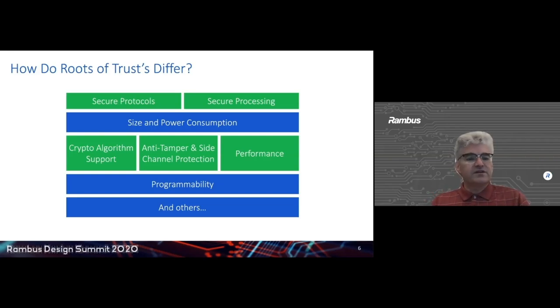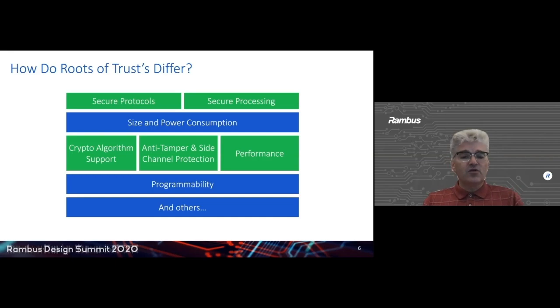Which geographies do you need to support? That means which crypto algorithms do you need to have supported? How do you want these crypto algorithms to run? Do you expect to need anti-tamper? Do you expect to need side channel protection of your cryptographic operations, where keys could leak, bit values of keys could be leaked through power or electromagnetic measurements?